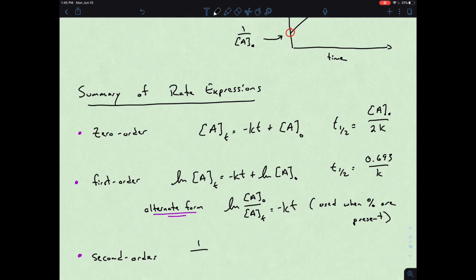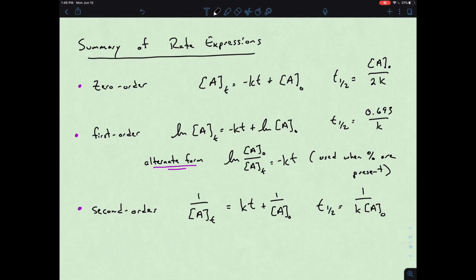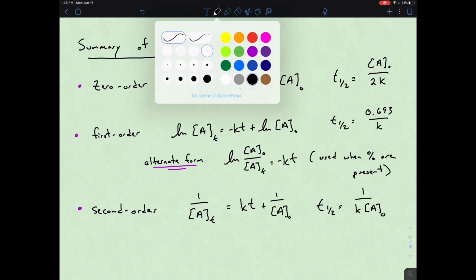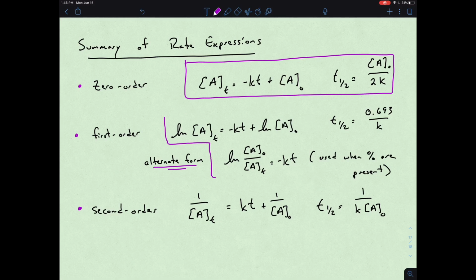That's 1 over the concentration of A at time point t equals kt plus 1 over the initial concentration of A. And the half-life for it is equal to 1 over K times the initial concentration of A. So those are our three expressions that we see in terms of both half-life and linear fit.